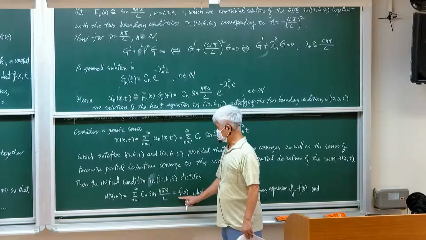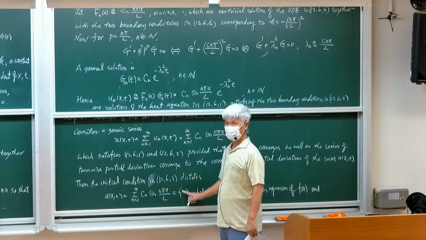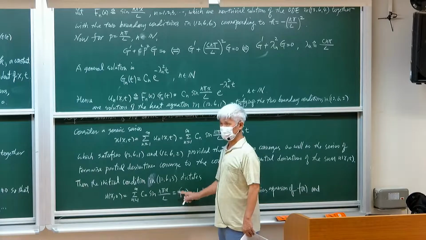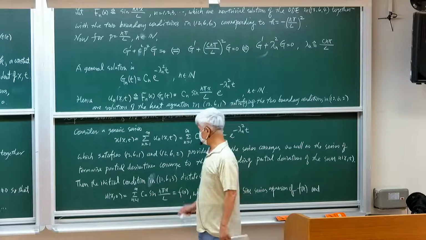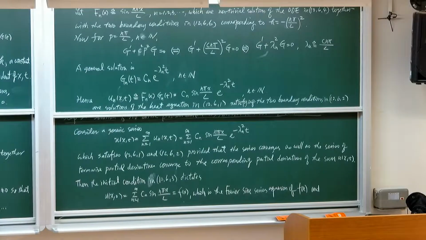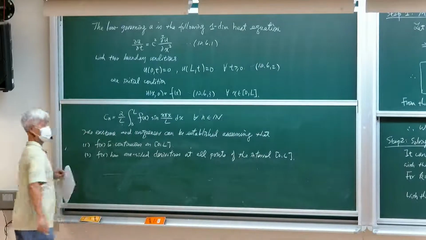Otherwise, if we have only piecewise continuity of f, then what we have is the average of the left hand limit and the right hand limit of f(x). So to have the equality. Any questions?